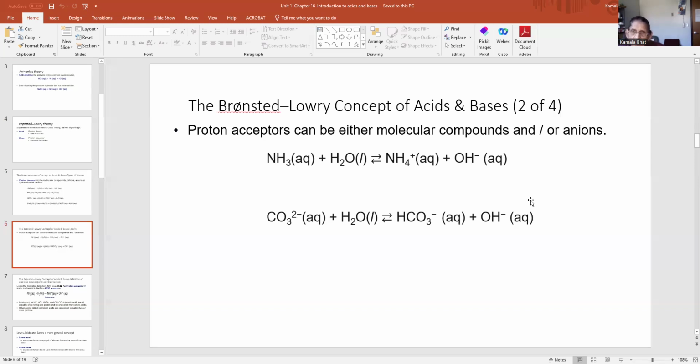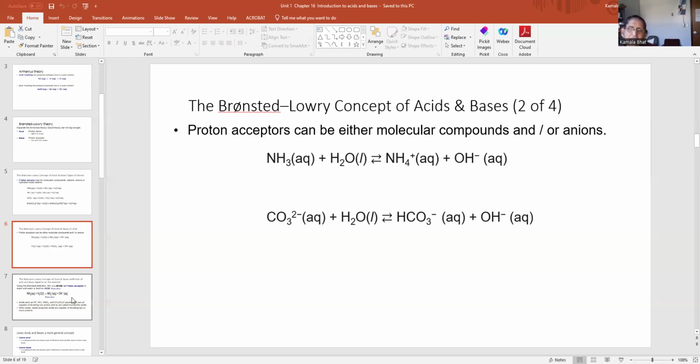Water donated a proton to the carbonate ion to form HCO3 minus. So HCO3 minus and CO3 2- are an acid-base pair, differing by one H, and H2O and OH minus are the acid-base conjugate pair, again differing by one proton.